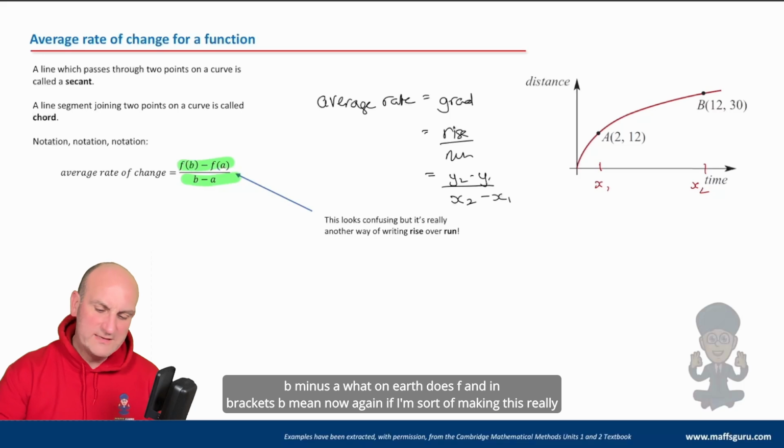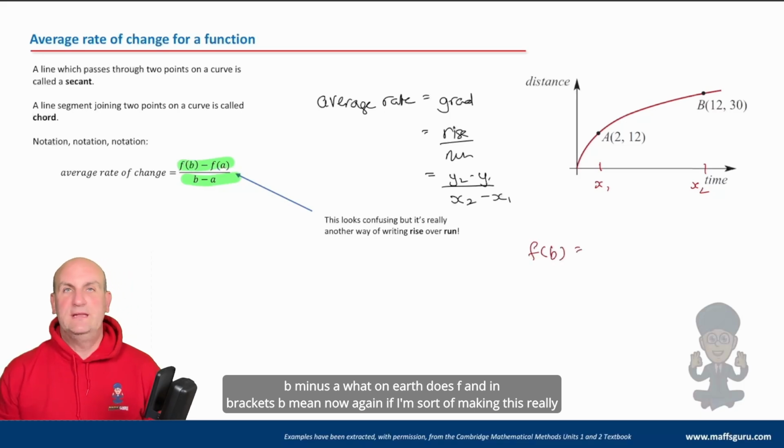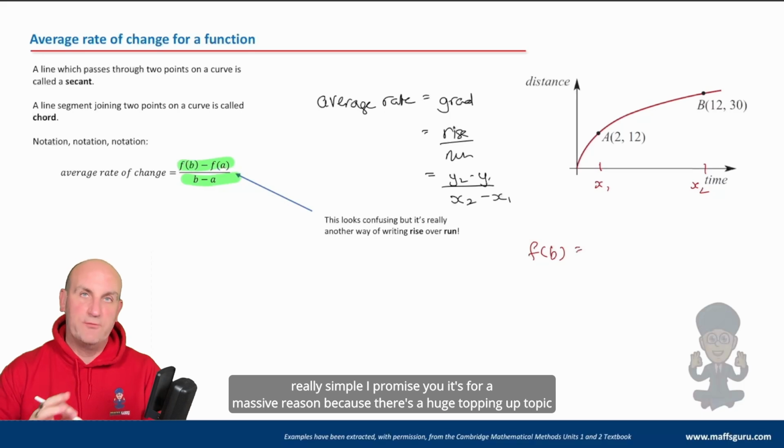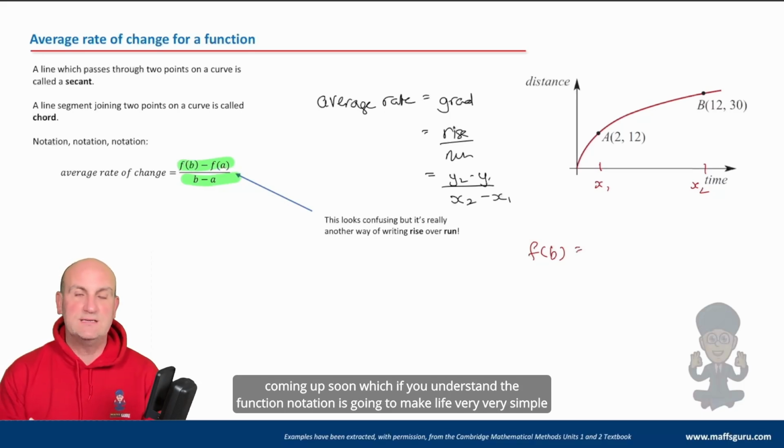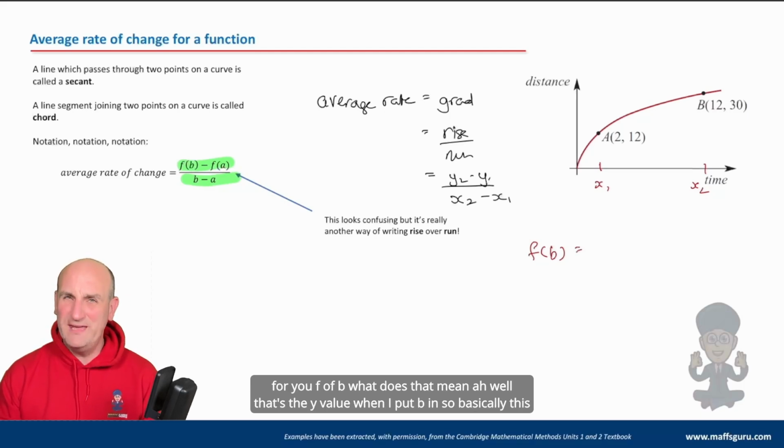What on earth does f and in brackets b mean? Now again, if I'm making this really, really simple, I promise you it's for a massive reason, because there's a huge topic coming up soon, which if you understand the function notation is going to make life very, very simple for you. f of b, what does that mean? Well, that's the y value when I put b in.